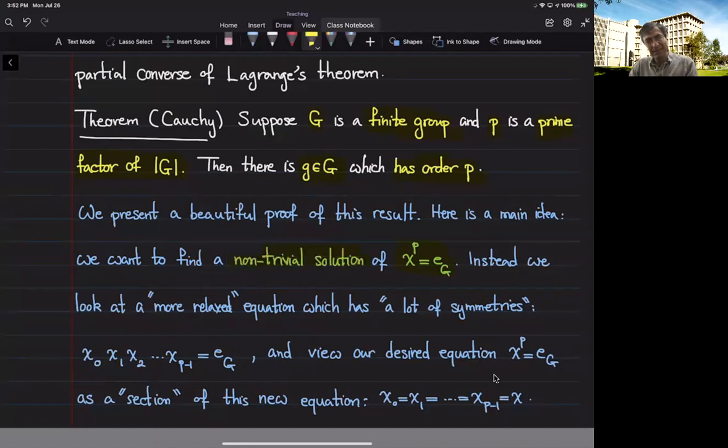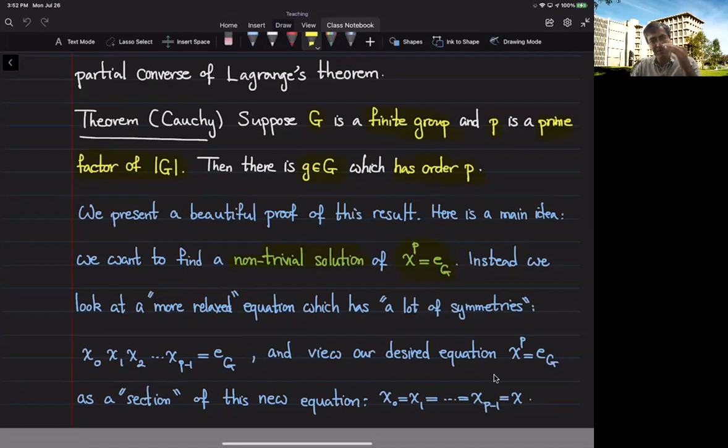Now, the beautiful idea is to relax this equality, get a more relaxed version, and gain more symmetries, and then try to use these symmetries in order to relate this equation that we have with some section of the new equation.